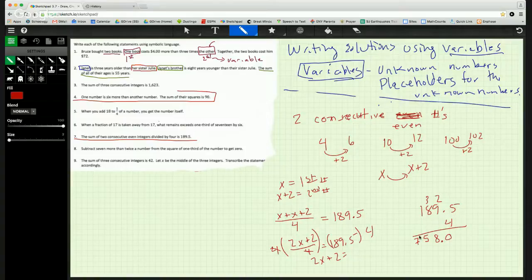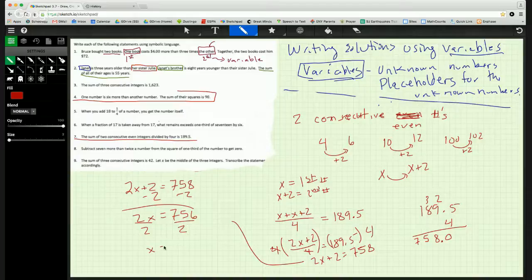Yeah, so I think this is right. 758. I'm going to bring this all up here and go 2x plus 2 equals 758. Subtract 2, and get 756 equals 2x. Divide by 2, and I get x equals 378.